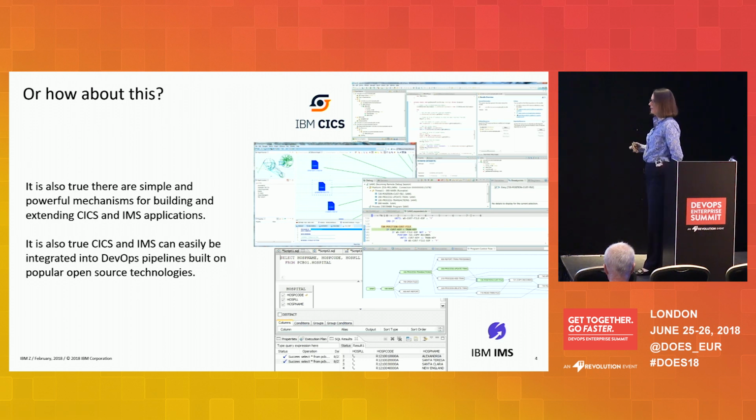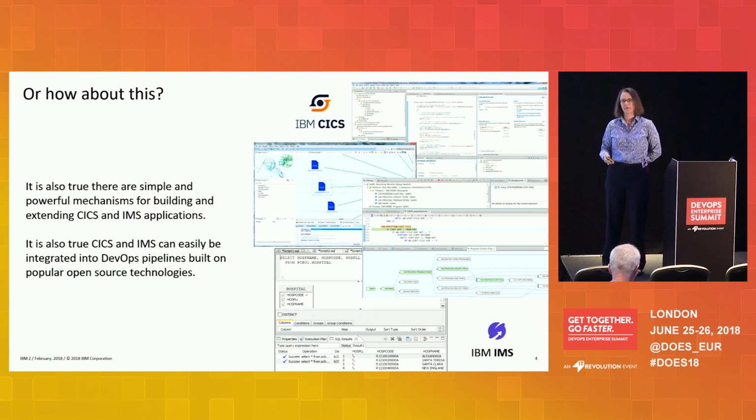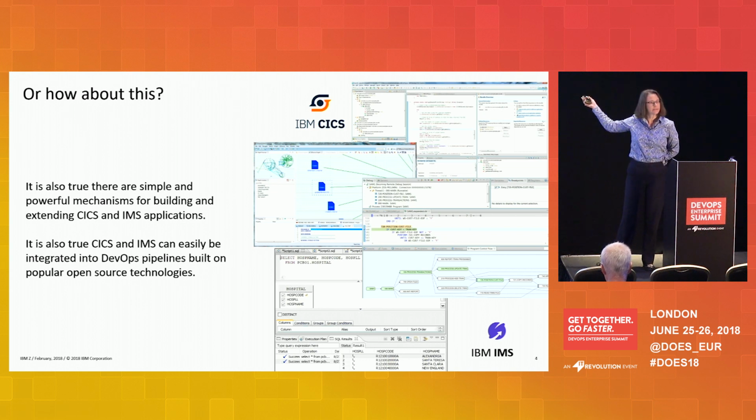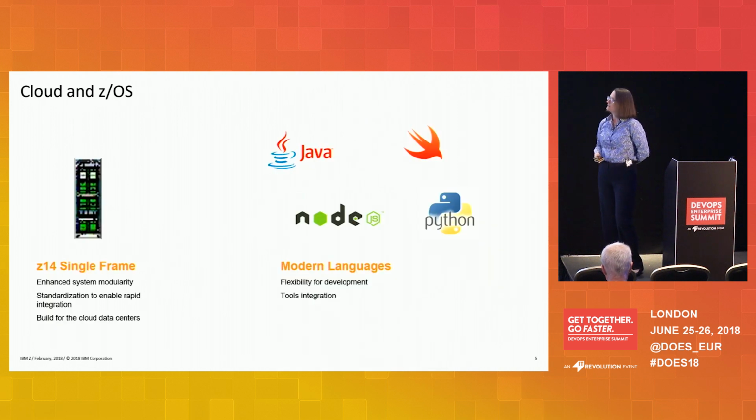And so within IBM, we've been working to remove those barriers, help make the changes so that when you think about z/OS, you don't think about it as different, but you think about it as just another platform. So we continue to evolve.